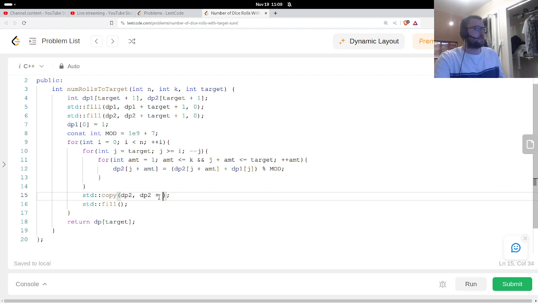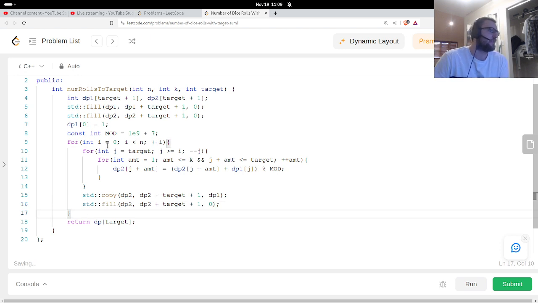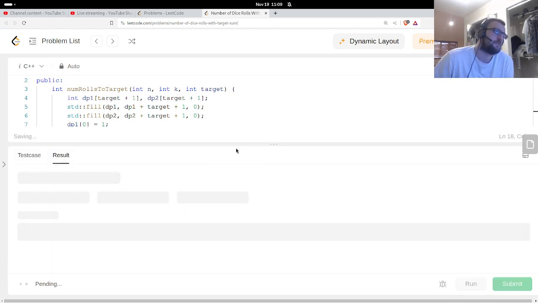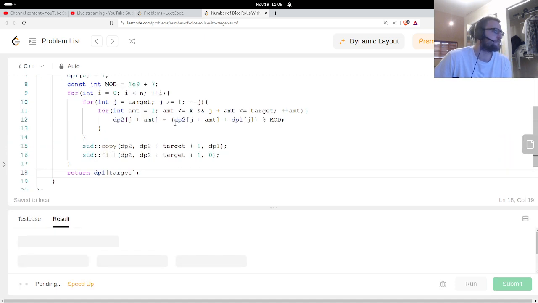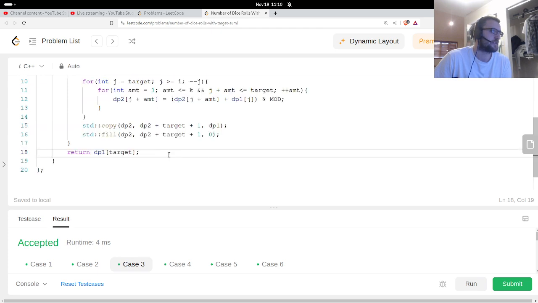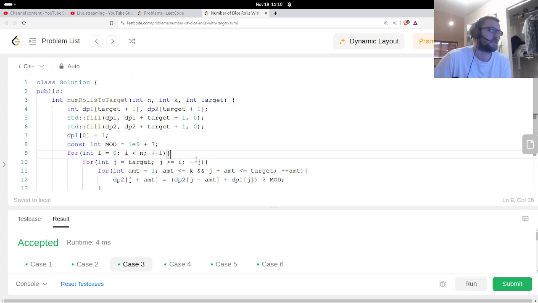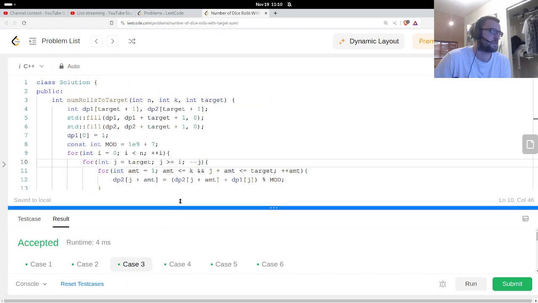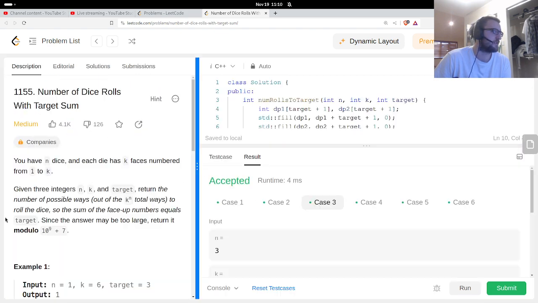So we're gonna write DP2 into DP1, and then we're gonna fill DP2 with zeros. How about something like this? Maybe this is what I need. I suspect that's what it was. I'm pretty sure I had the right idea, just something was not quite right, and that was the issue.